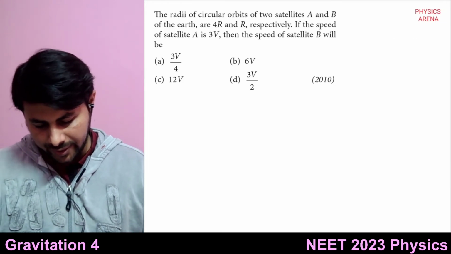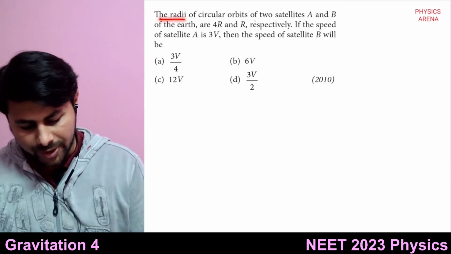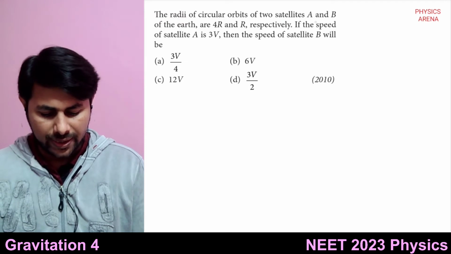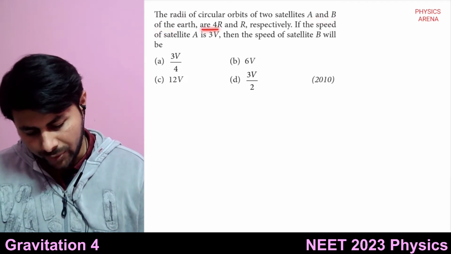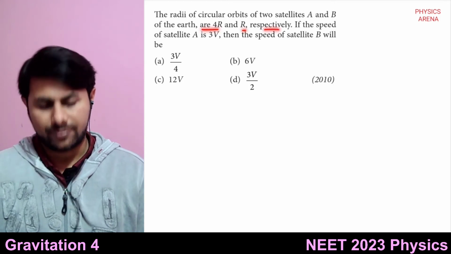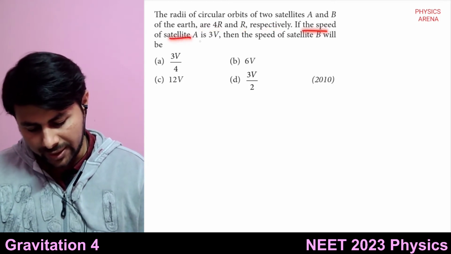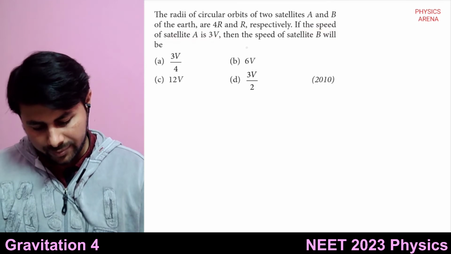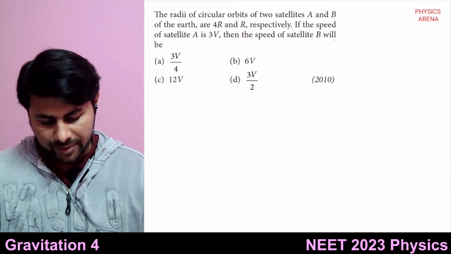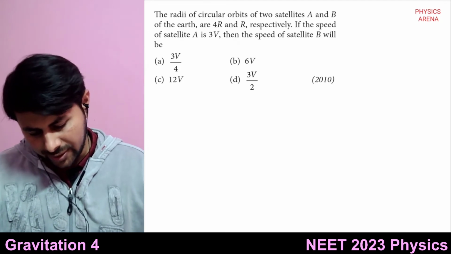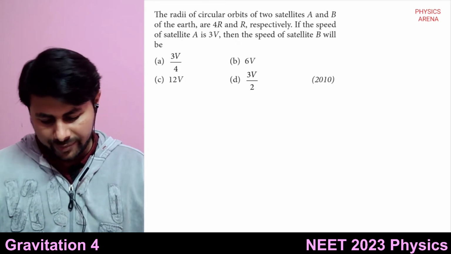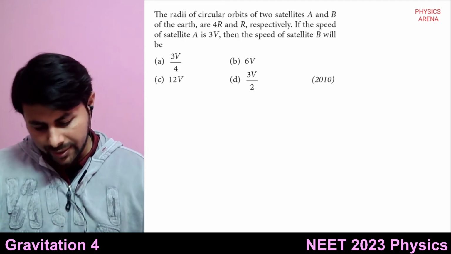All right. Then the radii of circular orbits of two satellites A and B of the Earth are 4r and r respectively. If the speed of satellite A is 3v, then the speed of satellite B will be. So again, they have asked the same type of questions again and again.